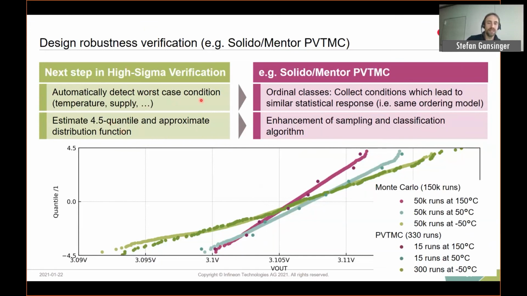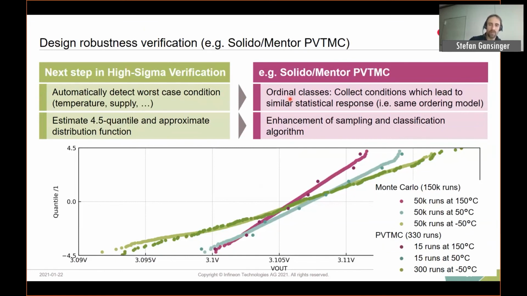As said, details on the implementation are proprietary. What is published, on a high level, is how the worst case condition is detected. The idea is they introduce so-called ordinal classes. Ordinal class means we have several conditions which lead to a similar statistical response.